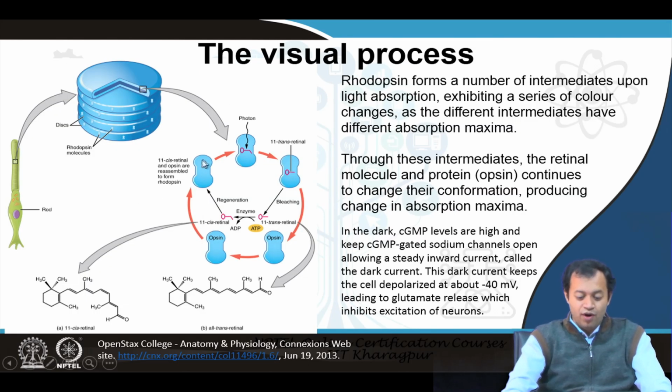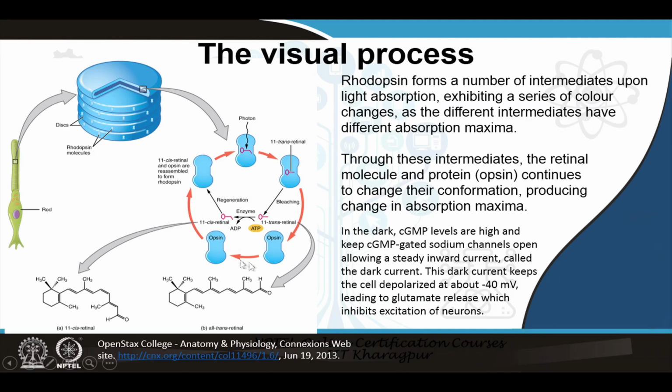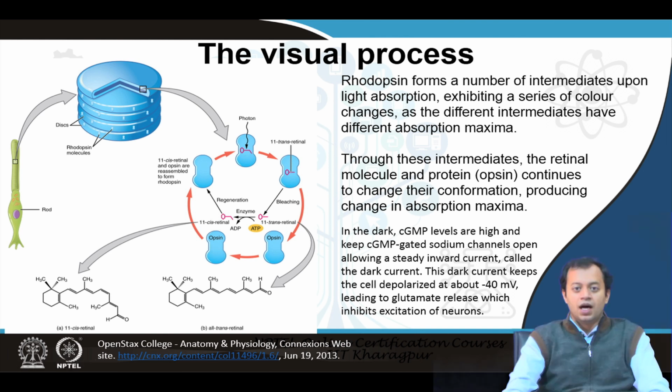So this is the overall process, where the rhodopsin, the retinal part, upon absorption of a photon changes its shape, changes its conformation, and this starts giving kicks to other intermediate proteins, and it results in a change in electrical potential within the cell.